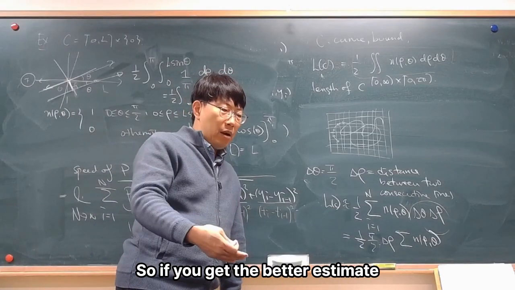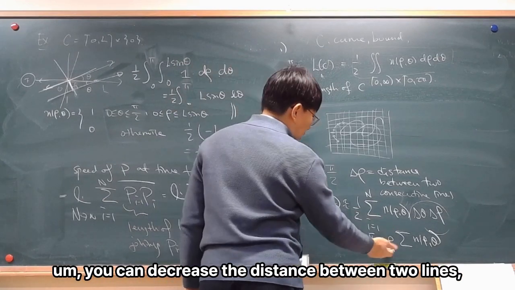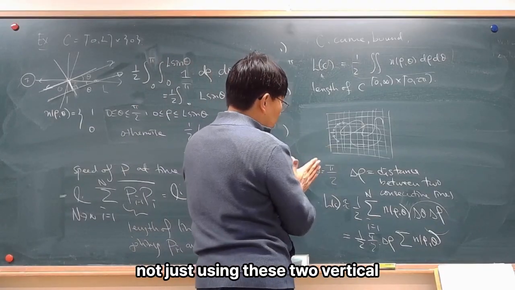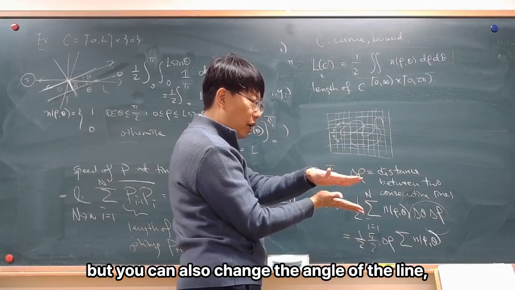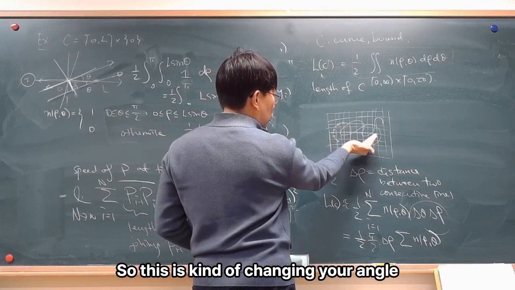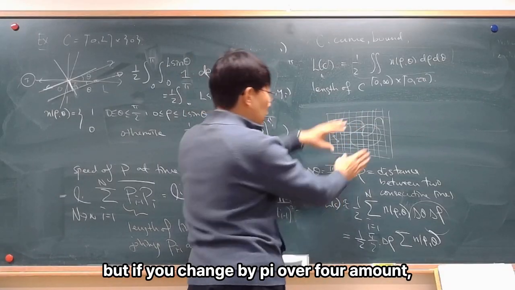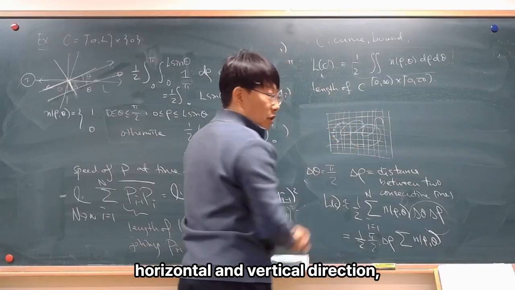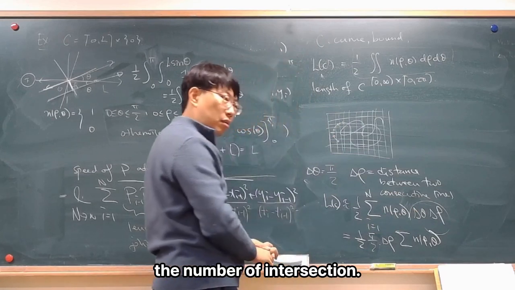If you want a better estimation, you can decrease the distance between two lines, or you can not just use these two vertical and horizontal types of line, but also change the angle of the line by a small amount. So this is changing your angle by pi over 2, but if you change by pi over 4, you get a diagonal direction as well as the horizontal and vertical directions, and then you count the number of intersections again.